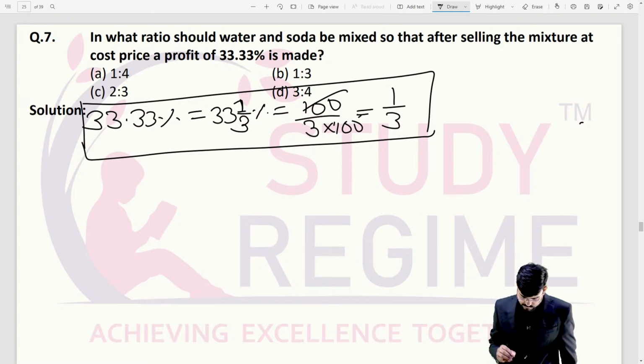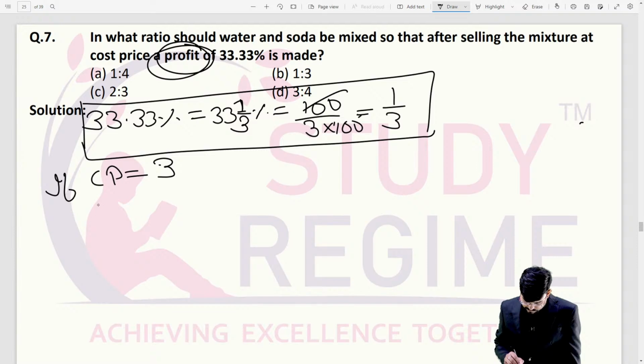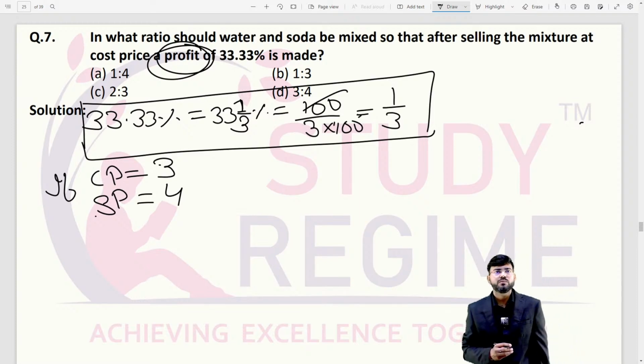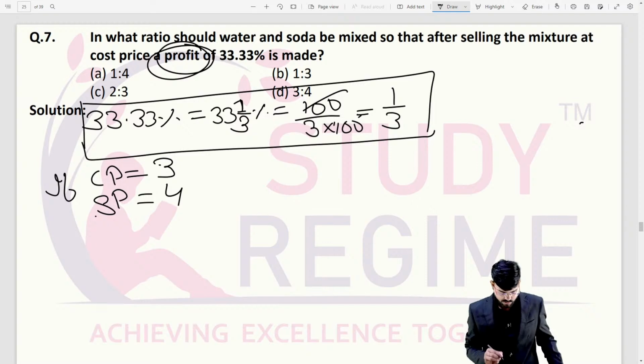Okay. Again he wants to make a profit. So if cost price is 3, then selling price will be what? 4. In the previous question I told you that 33.33% of 3 is what? 1. So if the cost price is 3, then the selling price will be 4.